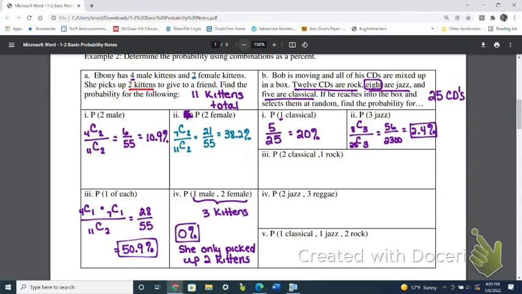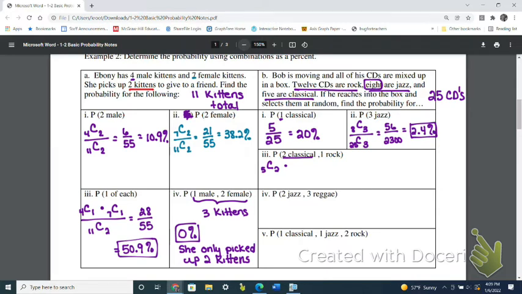2 classical and 1 rock. So let's start with the 2 classical. So I am choosing from 5 classical CDs, 2 of them. Now, since I use combinations on the first one, I'm going to use combinations on the second. So you can do it choosing one, but you don't have to.